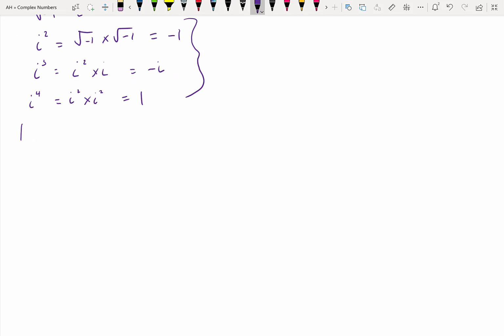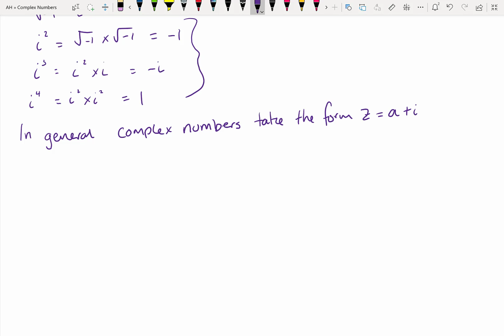Okay, in general, we can define complex numbers, we always go for z equals a plus ib.